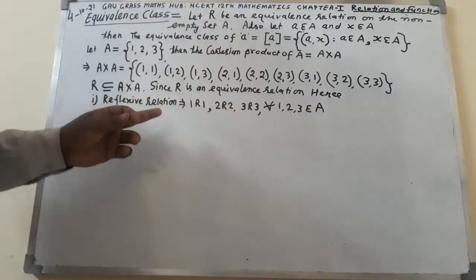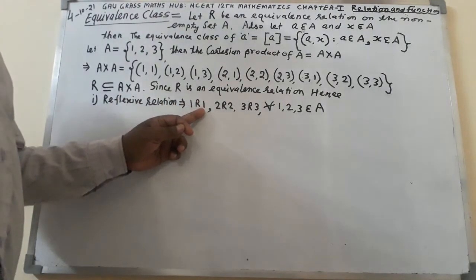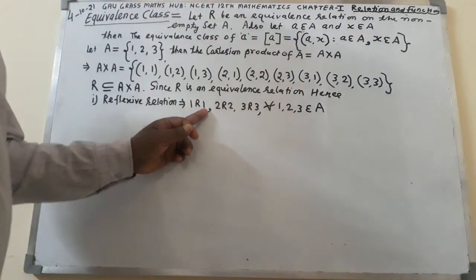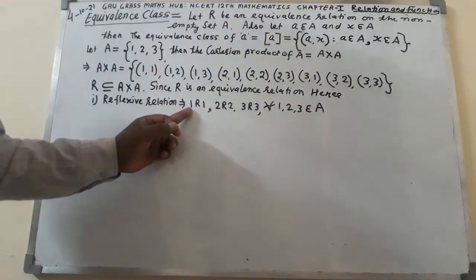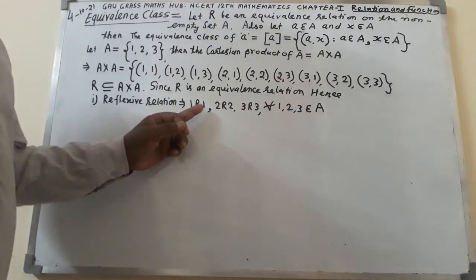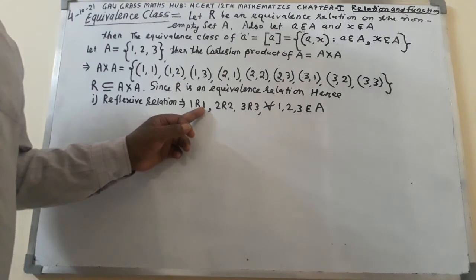So here you can see 1 is related to 1. This means that the first element of the ordered pair will be 1, and the second element of the ordered pair will also be 1.